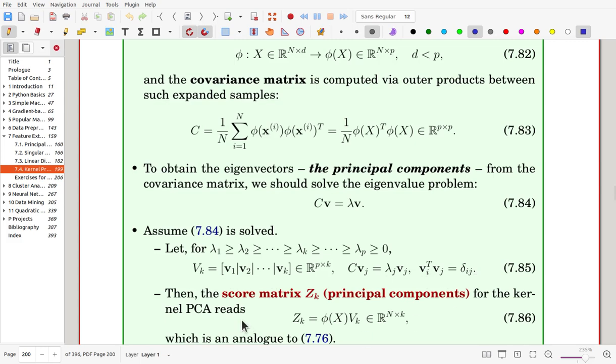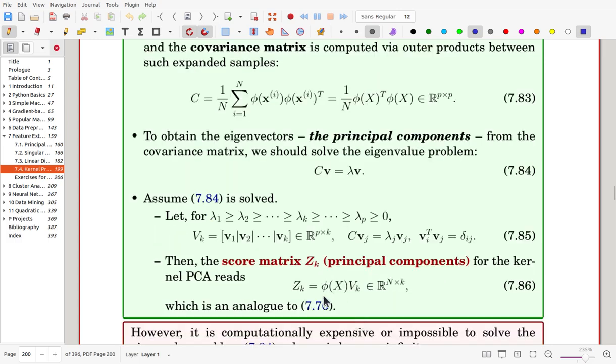Then the truncated score matrix can be made in this way: from phi(X), the transformed data matrix, and the weight matrix. So the score matrix can be obtained in this way. That is exactly an analog to 7.76.